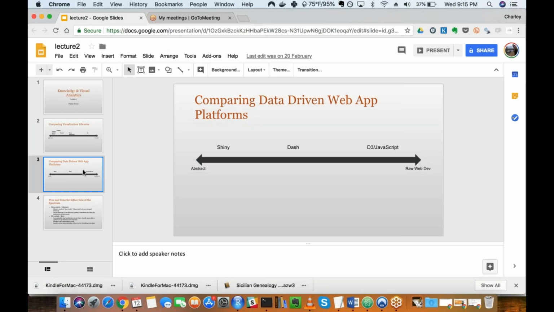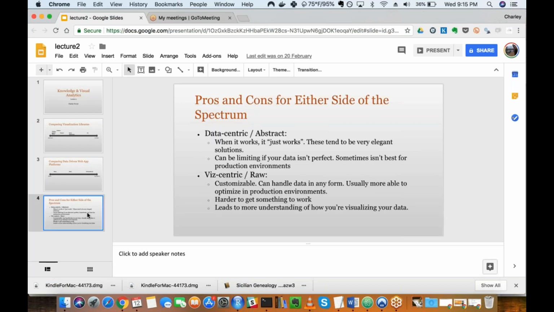And then D3 is JavaScript, so for our purposes that's pretty much as low level as you could get. And once again, for each of these there are trade-offs. Looking at data-centric tools, when it works, it just works. They're elegant solutions, but you lose a bit of freedom in what you can do.